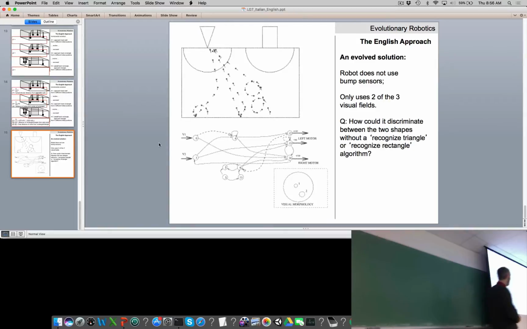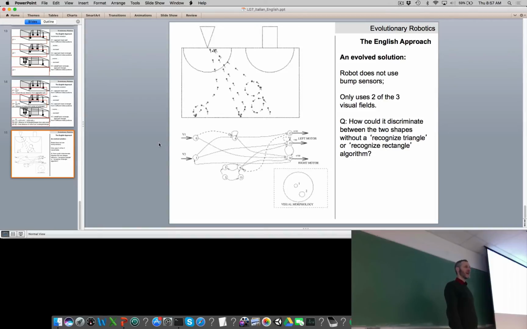Okay, so we're already starting to tease apart a little bit about what evolution is doing here. It's throwing away a lot of sensory information, just keeping these two circles, and it's remembering something, but we don't know what it's remembering yet. Let's see if we can do a little more sleuthing and figure out what's going on. Where is the recognize triangle circuit in here?